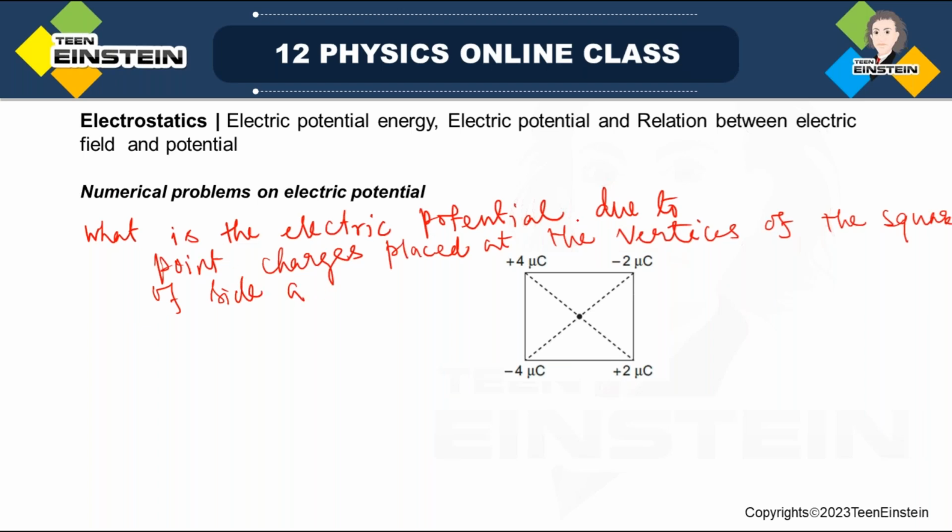What is the electric potential at the center of the square? Let us say at the center of the square.